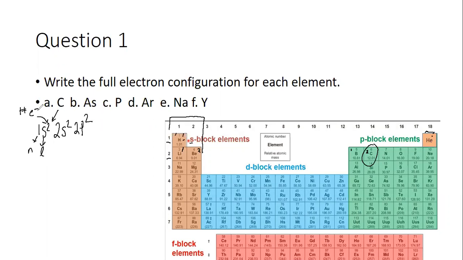So what this electron configuration is telling us is that we have 2 electrons in the 1s orbital, 2 electrons in the 2s orbital, and 2 electrons in the 2p orbital. So that is the full electron configuration for carbon: 1s2, 2s2, 2p2.